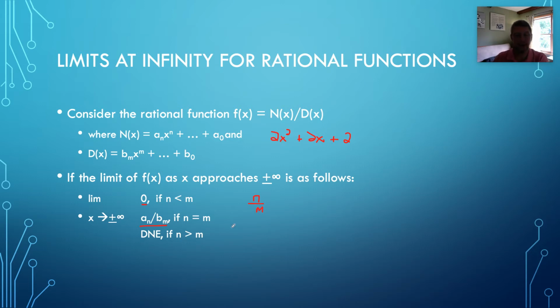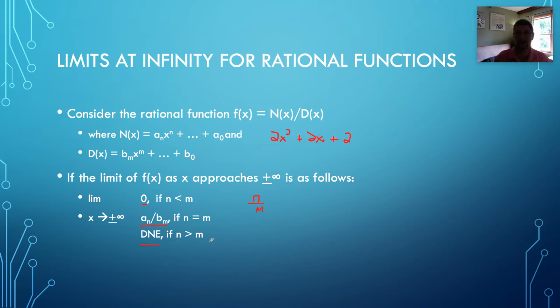But if n is much greater than the value of m, then the limit is going to be getting bigger and bigger and bigger, or smaller and smaller and smaller, depending on whether we're approaching positive or negative infinity. And since they're approaching two different numbers, the limit does not exist. And so that's the idea for limits at infinity for rational functions.